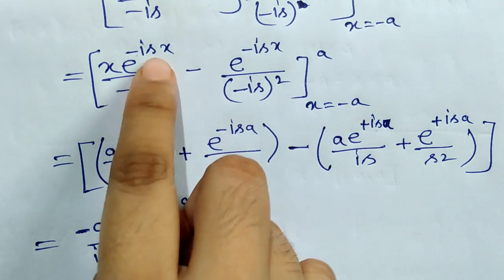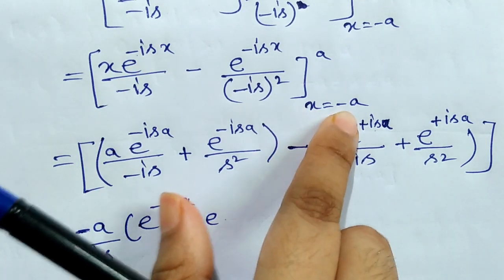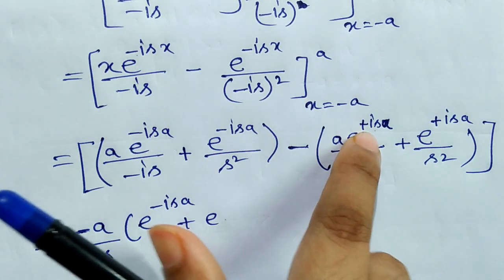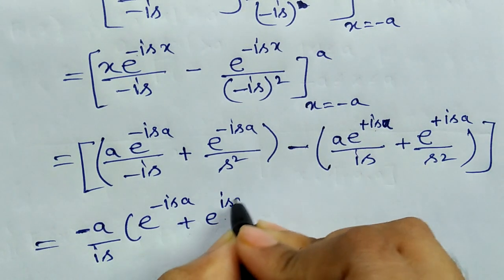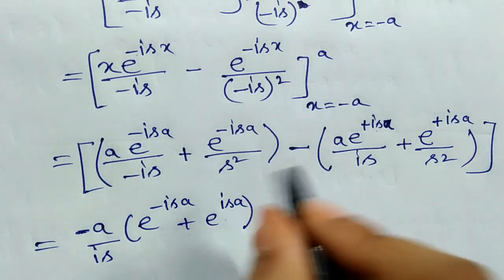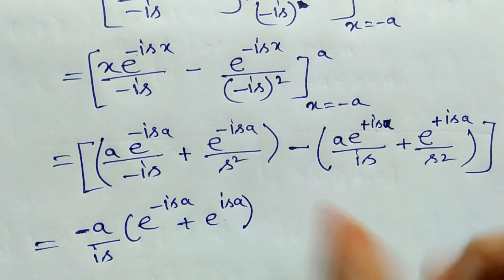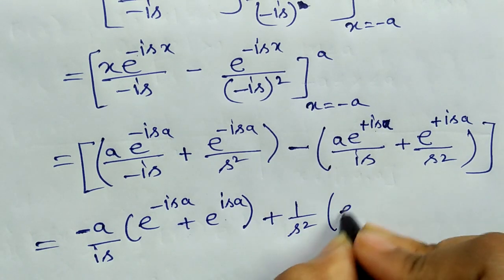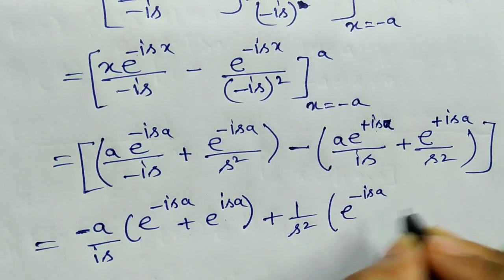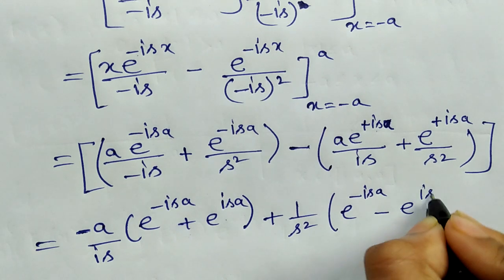If we put x equal to minus a here, then this will be e to the power plus isa. So this is e to the power plus isa. Then these two terms, so plus 1 by s squared, e to the power minus isa minus e to the power isa.